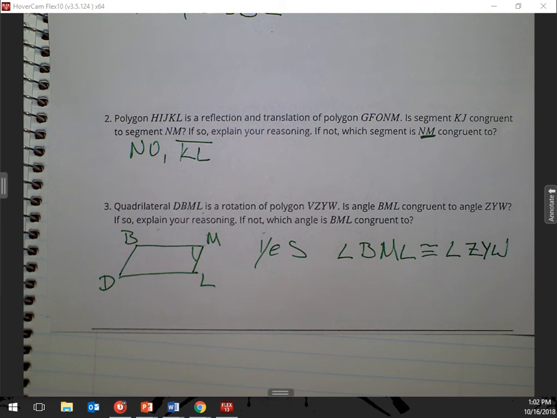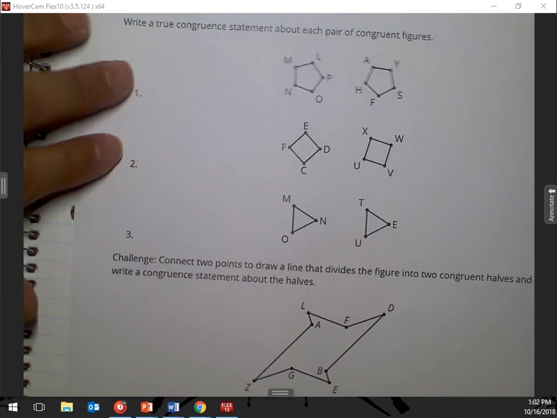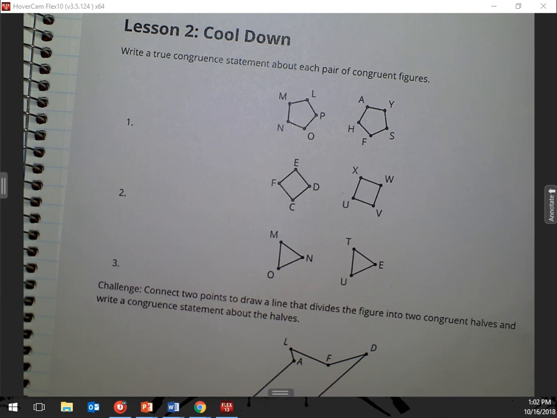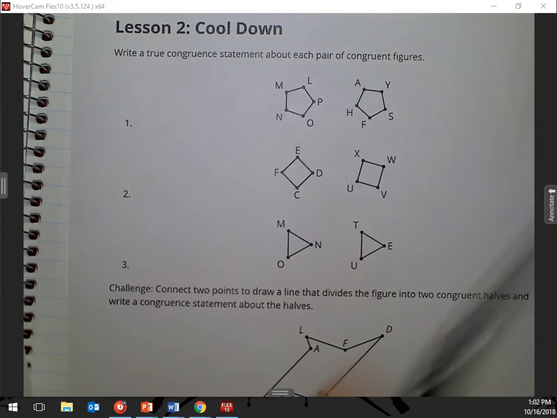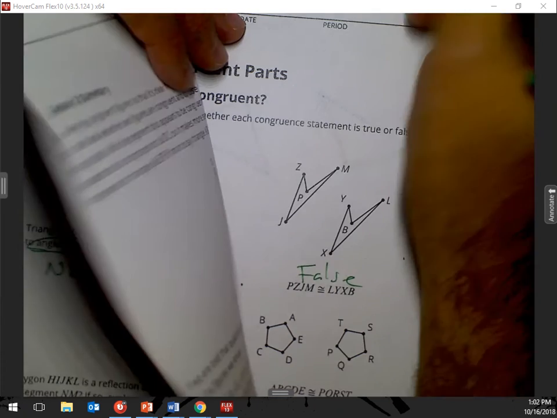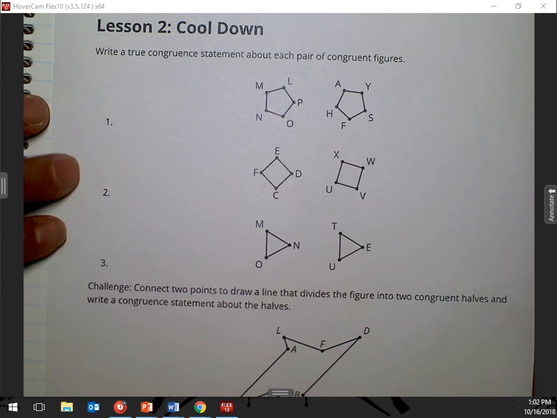Alright, so this is what we're going to do. Now we're up to the cool down. What page is cool down supposed to be on? 42. This one was 43. So on 42, you guys are going to do this on your own.